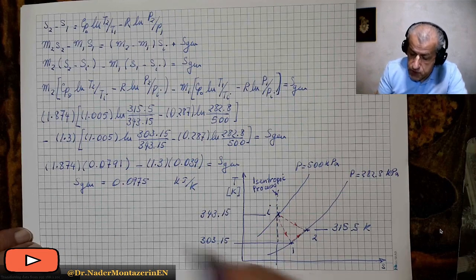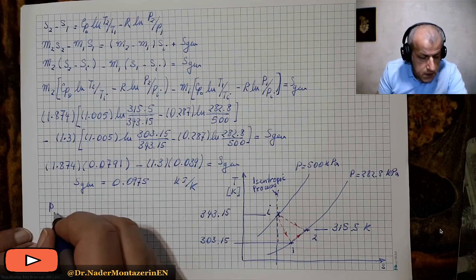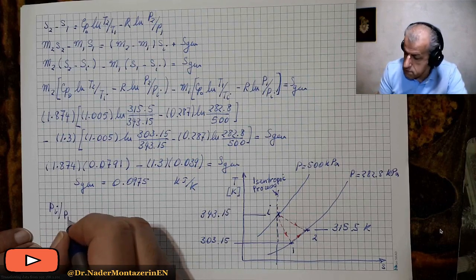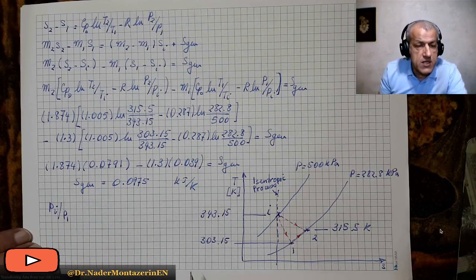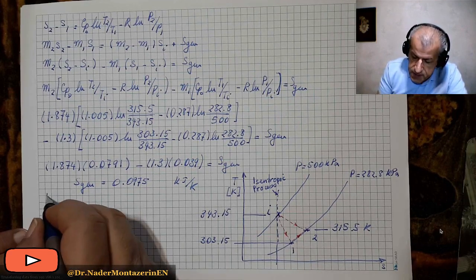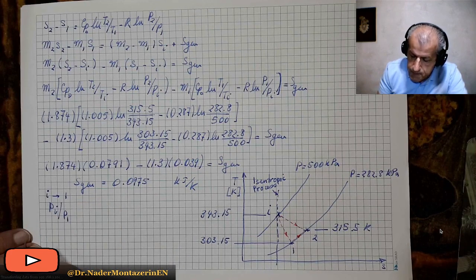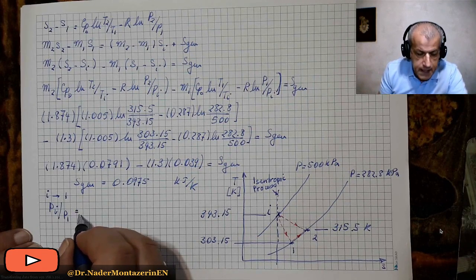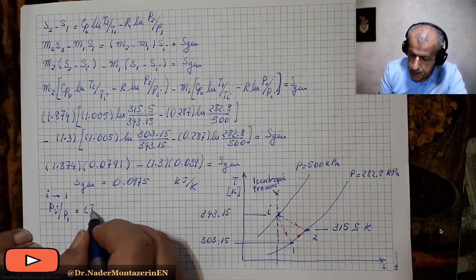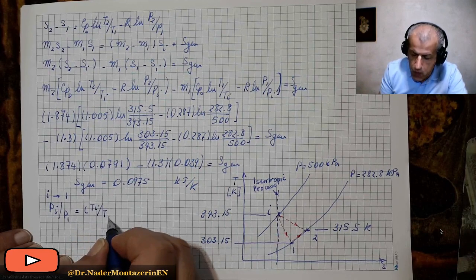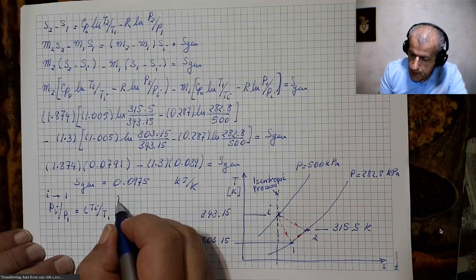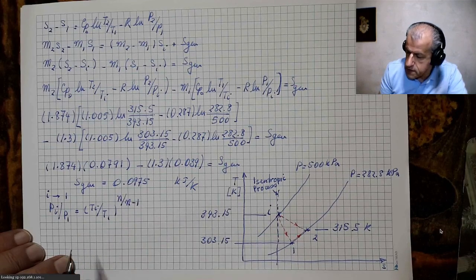For a polytropic process, we could write, say for the initial polytropic process from I to 1, Pi over P1 is Ti over T1 to the power n over n minus 1.